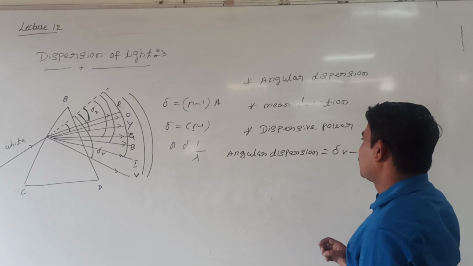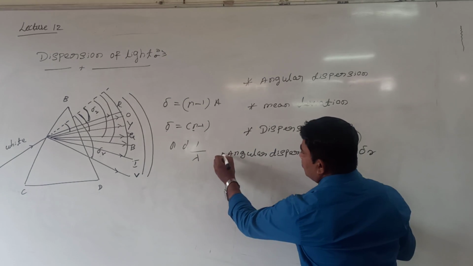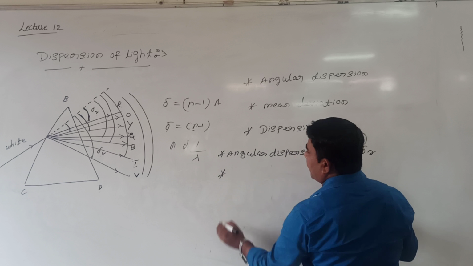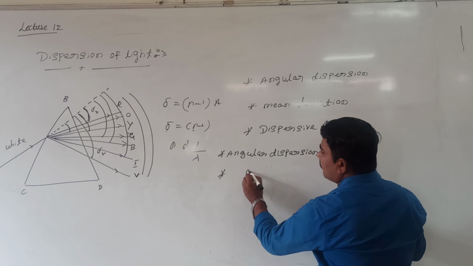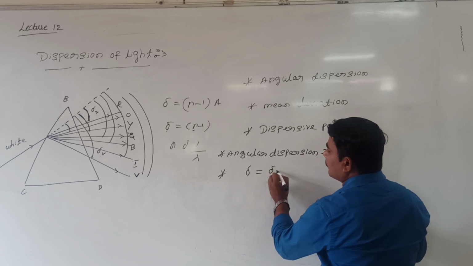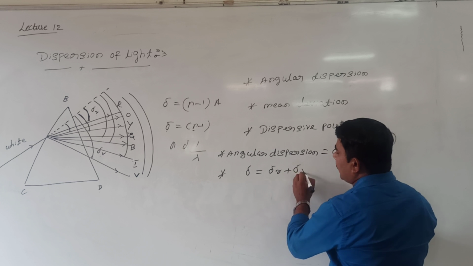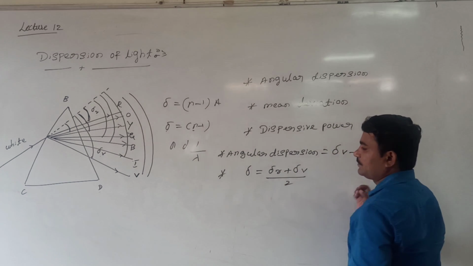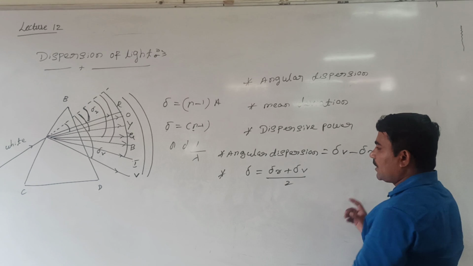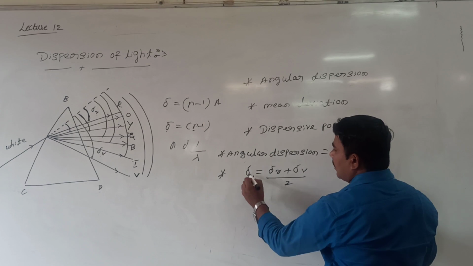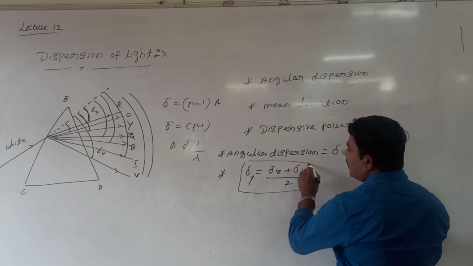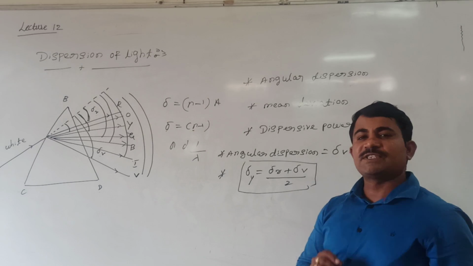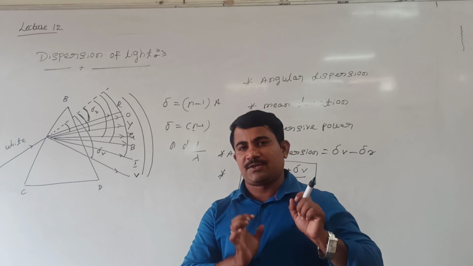Look at me. Mean deviation is equal to delta, delta is equal to del R plus del V divided by 2. The deviation produced by yellow color, or the mean deviation of all the colors, this physical quantity I can define as mean deviation.